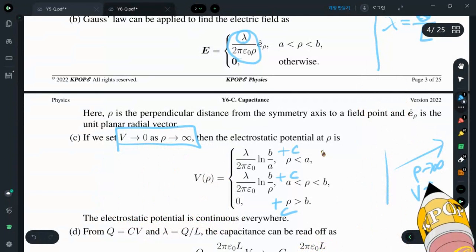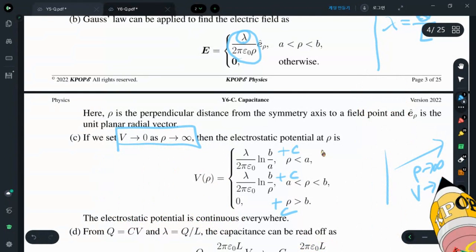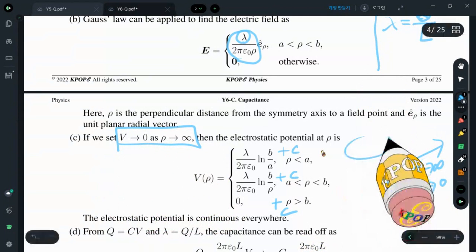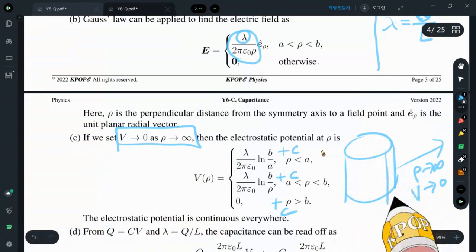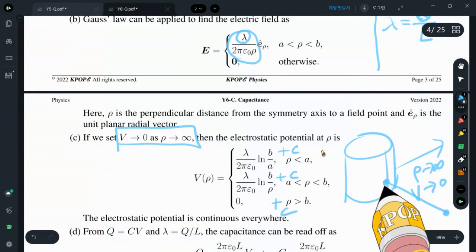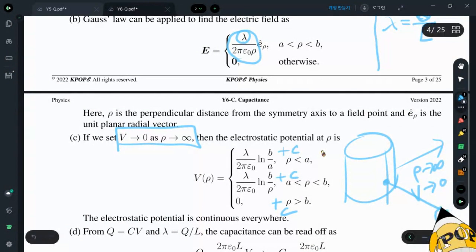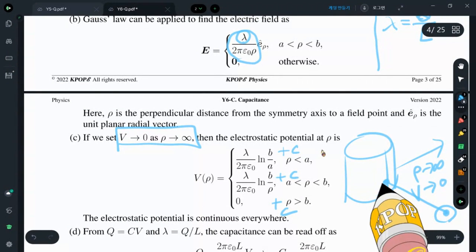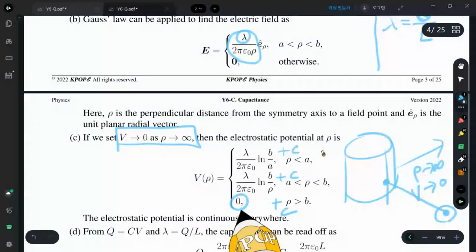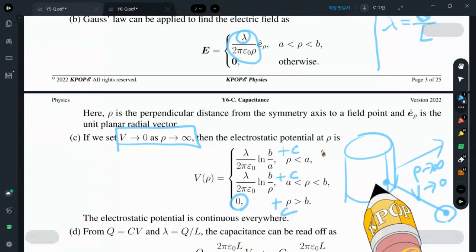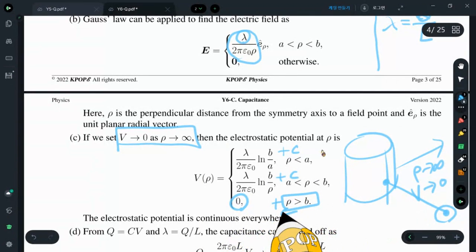In that case, because outside the coaxial cable and at infinity we have a constant potential, and infinity is 0, the potential is 0 from just outside the outer radius.